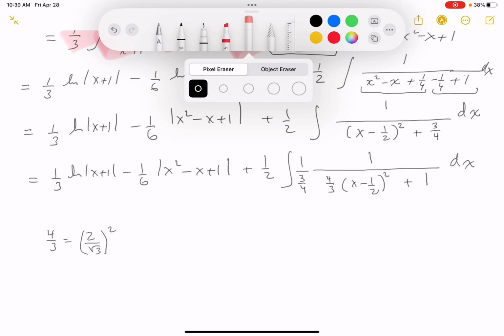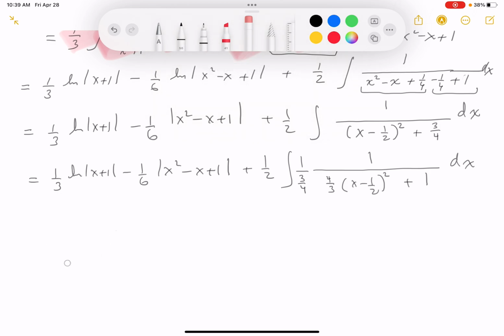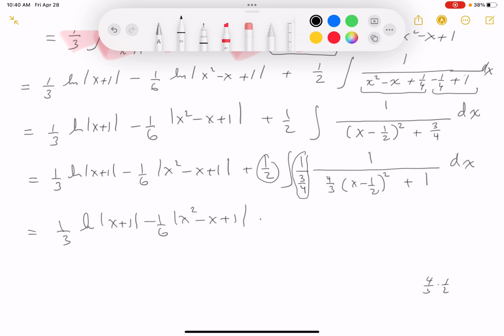Let me get my eraser. One-third natural log x plus 1 minus 1/6. And I'm going to pull this out too. So I'm going to erase it. It's going to be 4/3 times 1/2, which is 2/3.